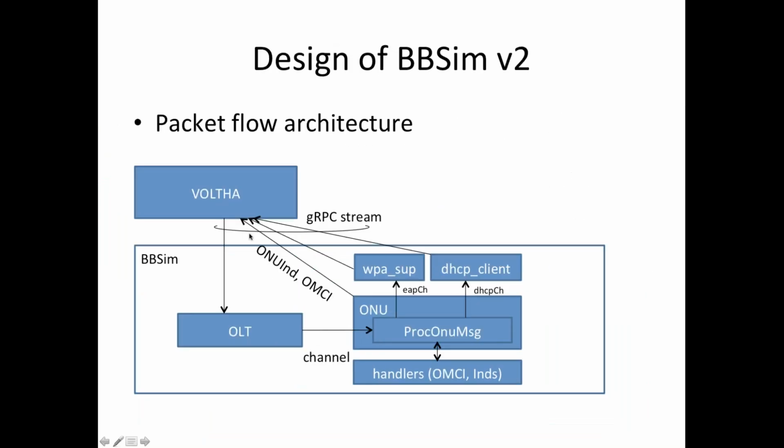Like this figure shows, the current BBSim just creates the messages and sends out those messages to Voltha. That is all the current BBSim can do. So that's why I think packet in, packet out capability is what is important for us. But I understand your point.